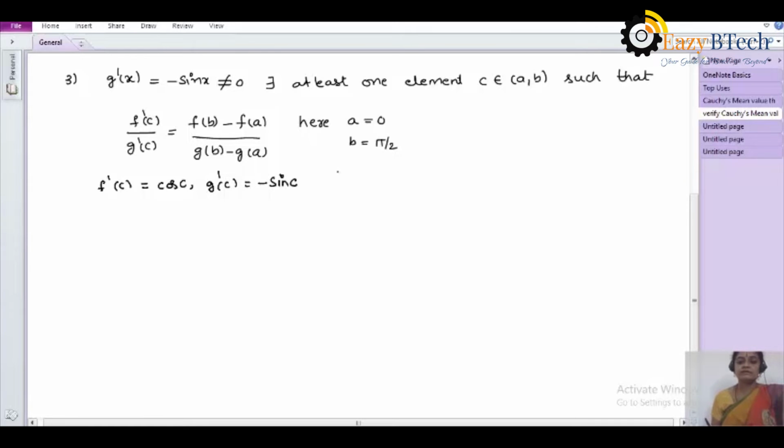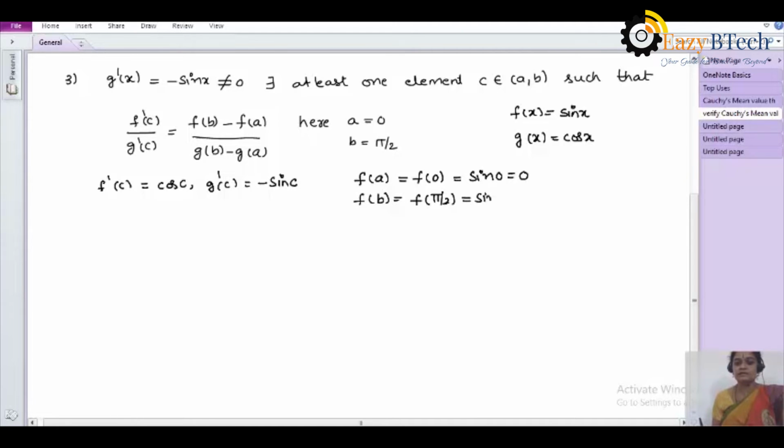Finding all the values, students: in the question f of x is sin x and g of x is cos x. At first we find f of a, that means f of 0, that is sin 0, which is equal to 0. Next, f of b, that is f of pi by 2, that is sin pi by 2, which is equal to 1.